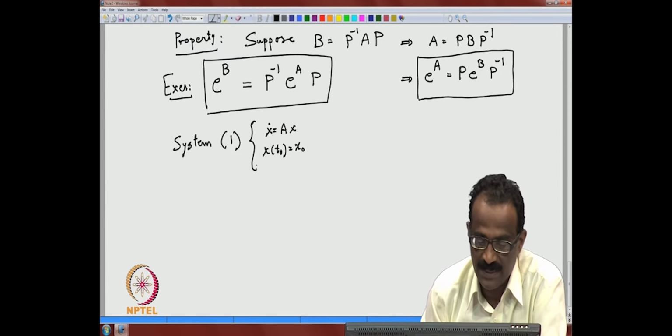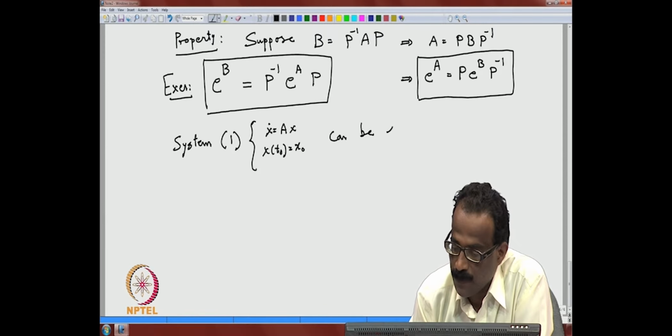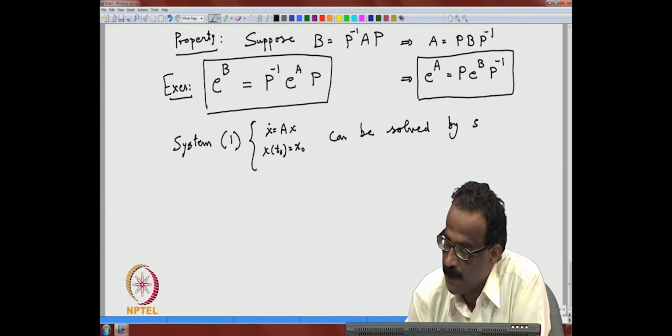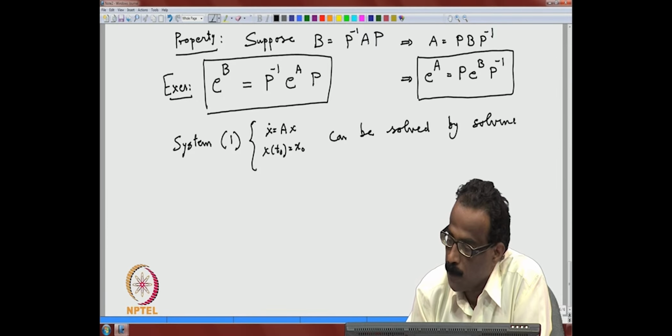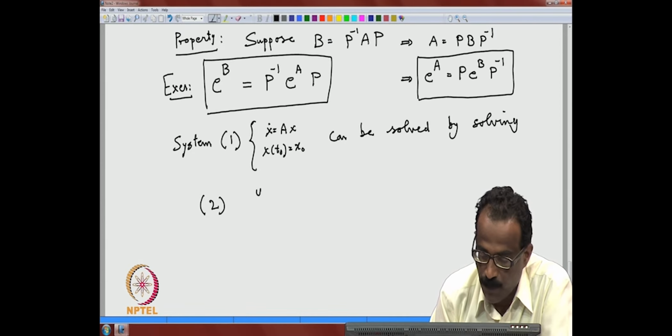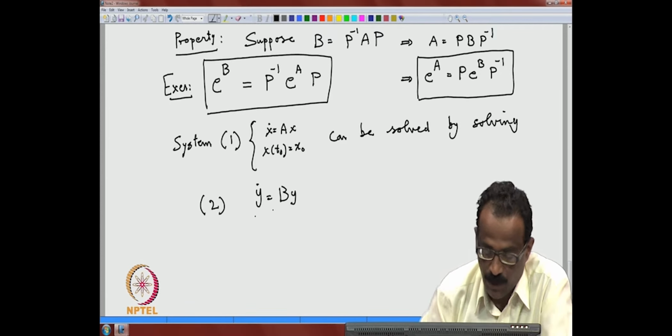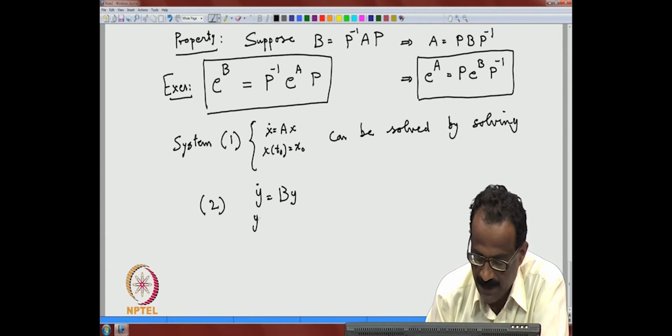System 1 can be solved by solving system 2, namely the one corresponding to B. So, I introduce a system y dot equal to By with y at t naught equal to some y naught, which we will solve.